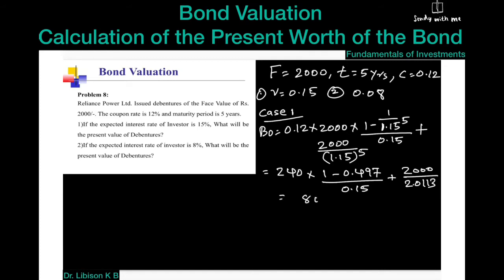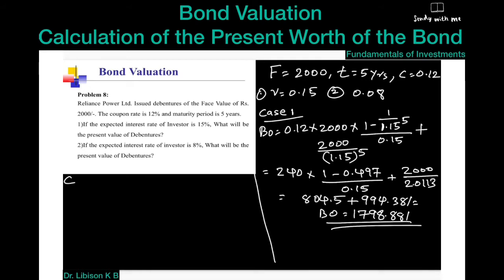So that is equal to 804.5 plus 994.381. So B0, the final answer, will be 1798.881. So first case B0 is equal to 1798.881. Let us move to solve the second scenario.